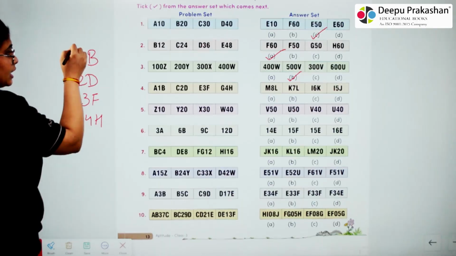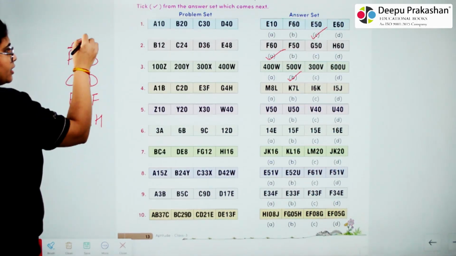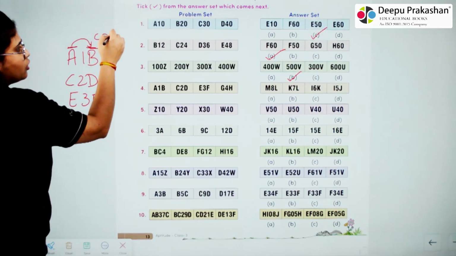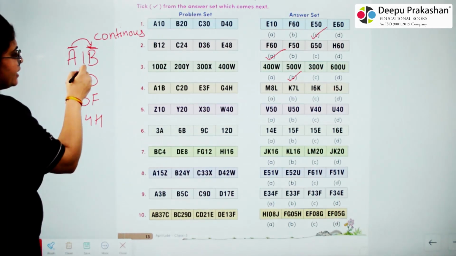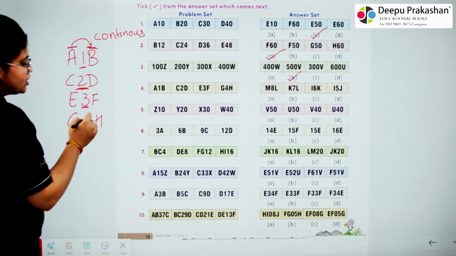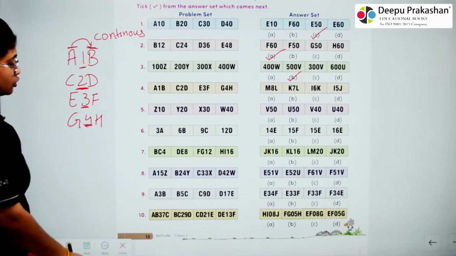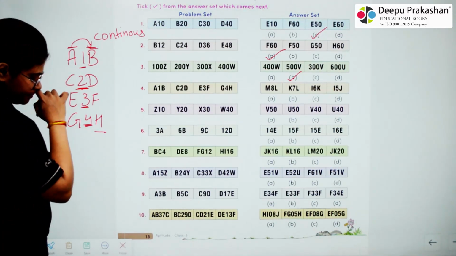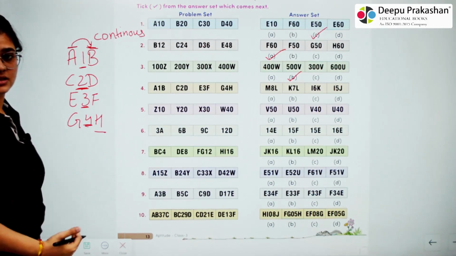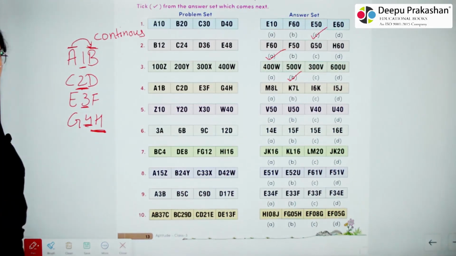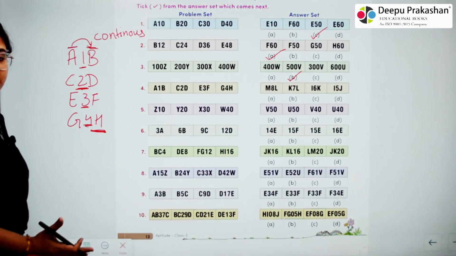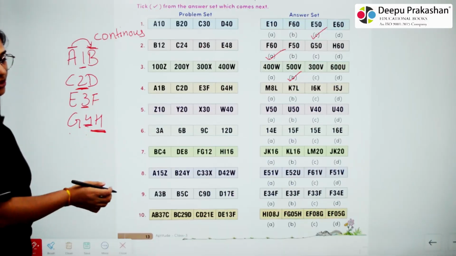This shows that the alphabets present here are in continuous order and the numbers are having an addition of 1 to them. For the next pair that will come, if we look at the last pair of the series, it's G4H.